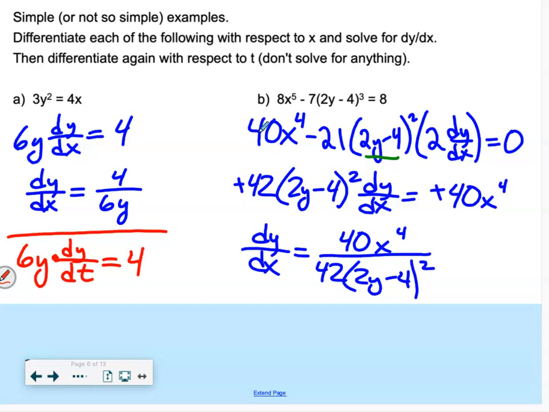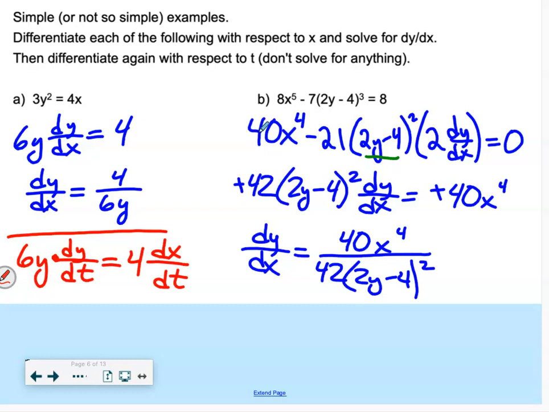Do I have to multiply by a differential? Yes. What would that be? dx/dt. It's what you're differentiating, which is x, over what you're differentiating with respect to, which is t. Nothing to solve for, because it's not like one wins over the other. So you just leave it like that.